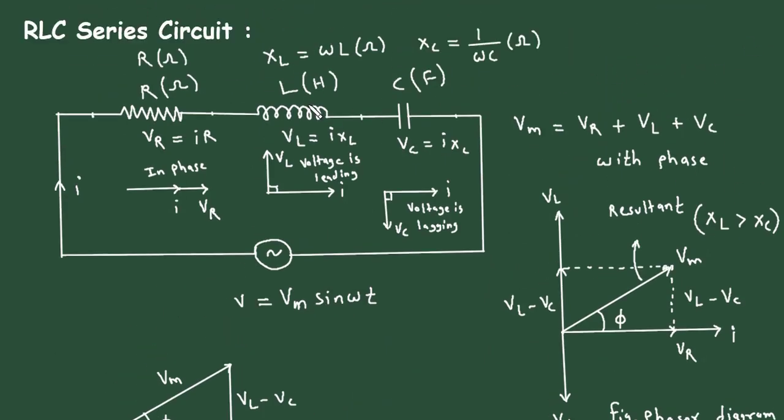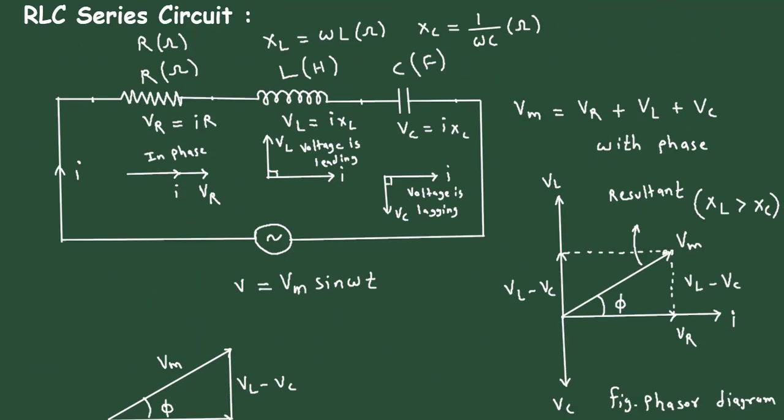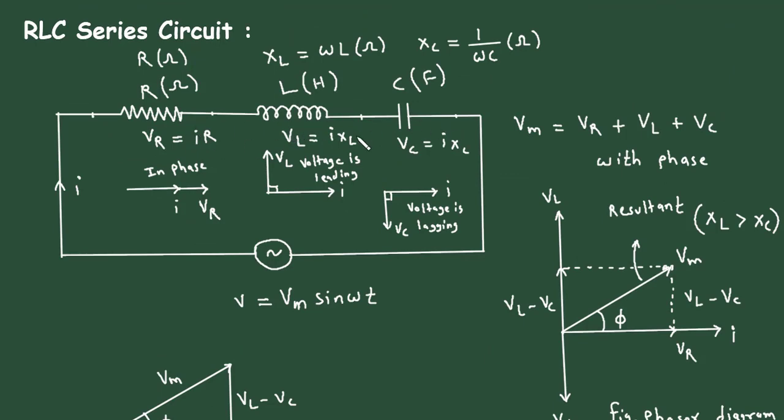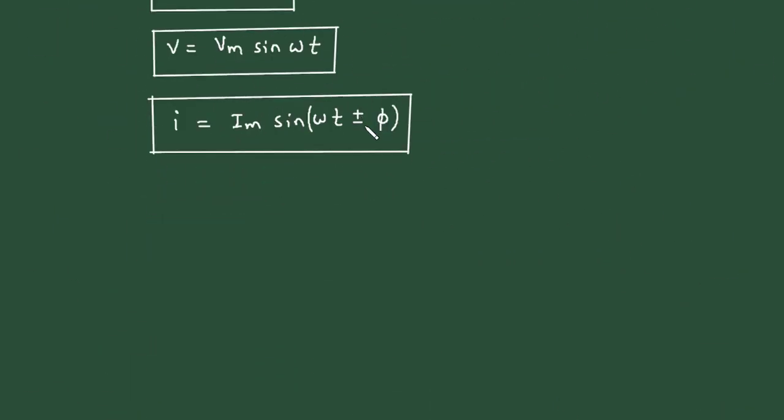And if the combination is inductive, then the current will be lagging, that means this sign will be minus, minus phi. And if this combination is capacitive, then this should be positive.